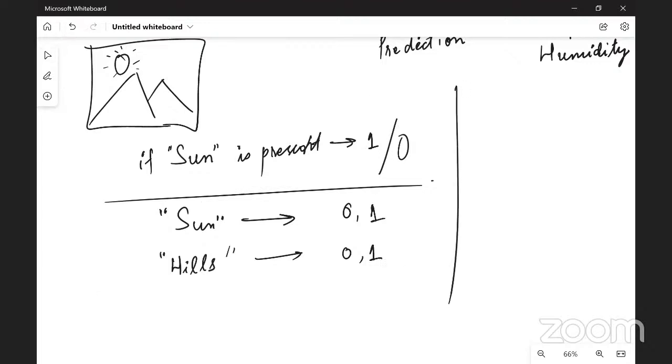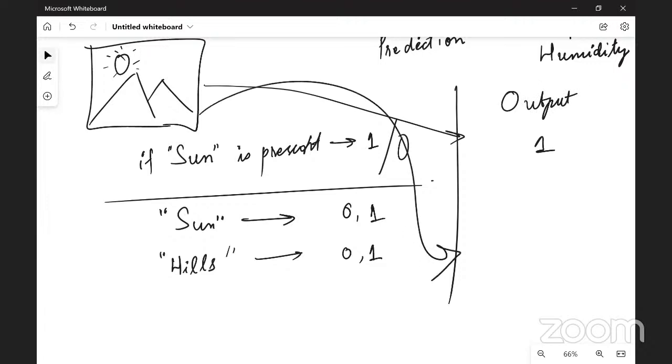Imagine this picture is sent as an input for a single label classification problem. Either it is going to give you 0 or 1. Since there is sun, the output will be 1. Do you agree? Yes. But if the same picture goes through the second model, which tests for both items, sun as well as hills, it is going to give you a vector.